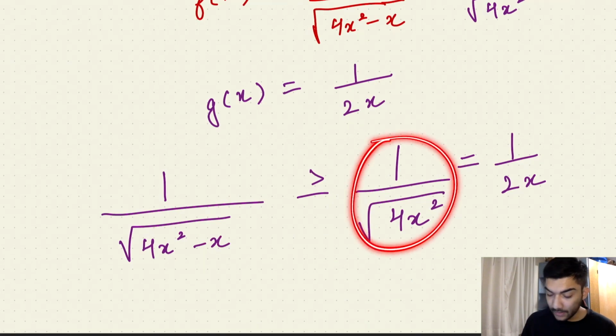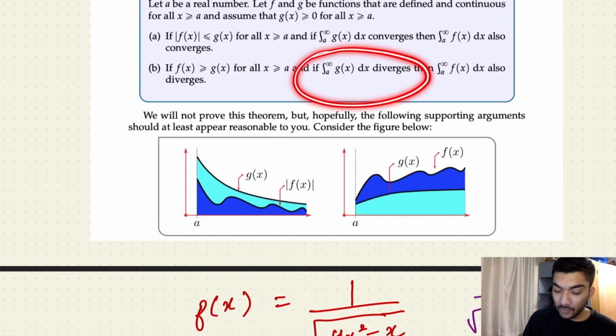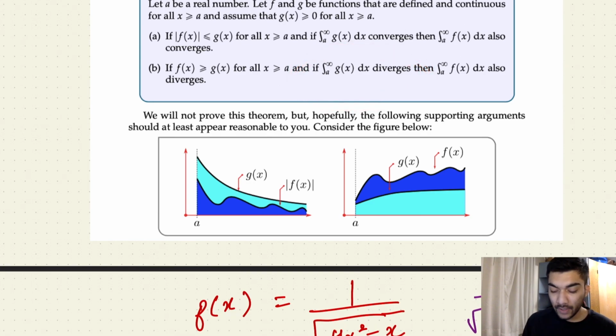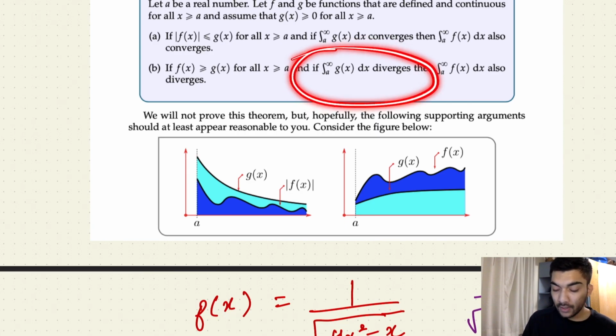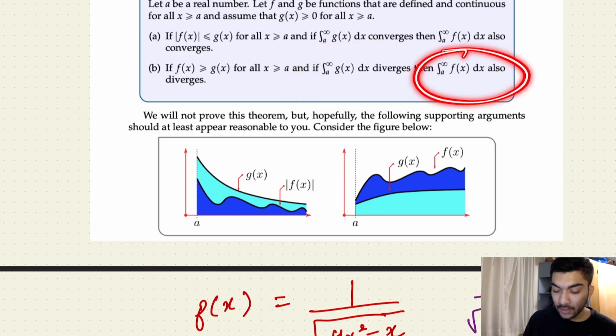And if that's the case, if our g of x is always less than or equal to f of x, we just have to prove that the integral of g of x dx with the same endpoints diverges. If we are successful in proving that, then we'll also prove that our original function will also diverge. So let's try that.